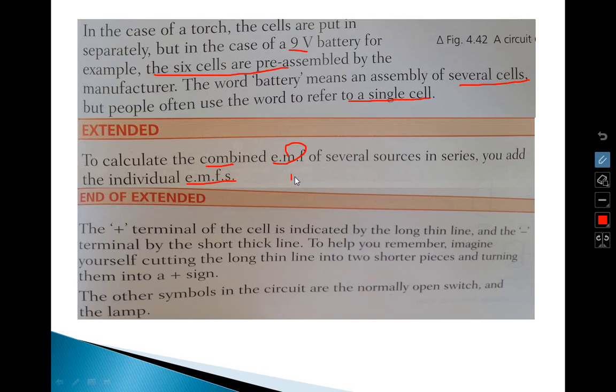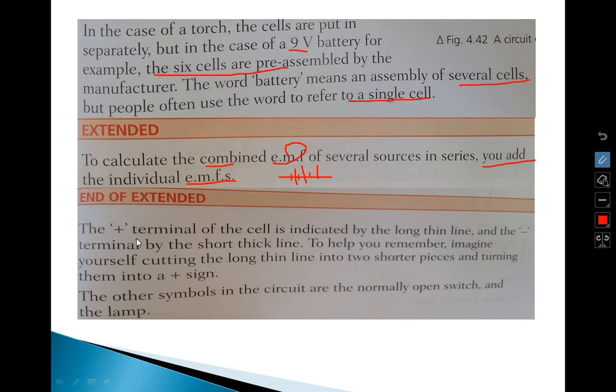If we have several sources, 1, 2, for example 3, we put them together: V1 plus V2 plus V3, or EMF1 plus EMF2 plus EMF3. So you just add them together.